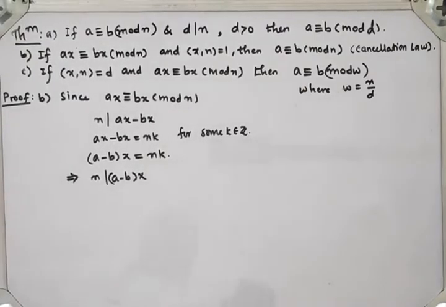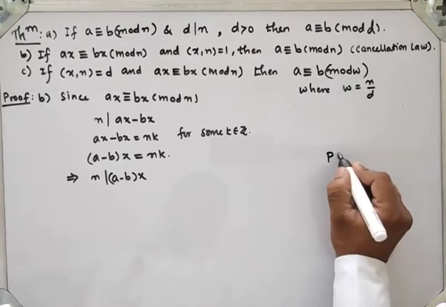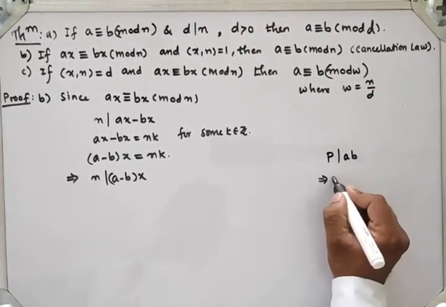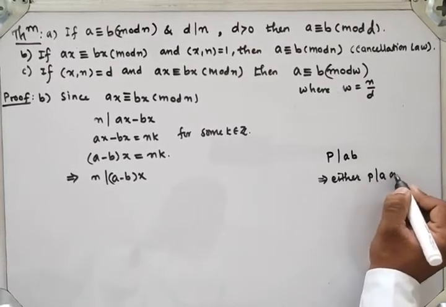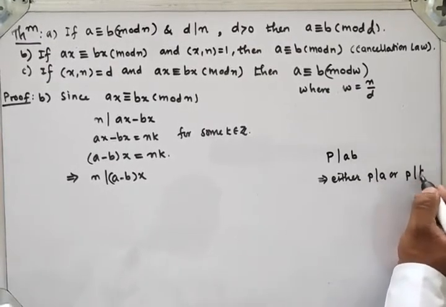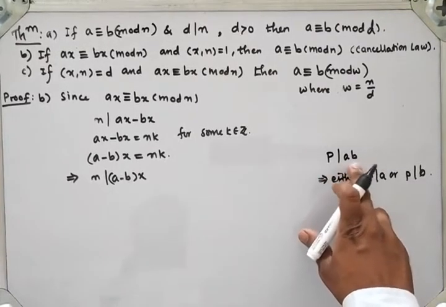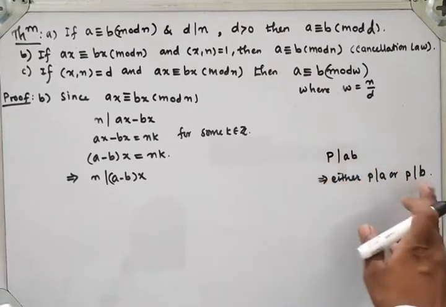So we have the theorem, that is Euclid's lemma. If p is prime and p divides a into b, then either p divides a or p divides b, right? That means if p divides the product of two numbers, a into b, then either p divides a or p divides b.